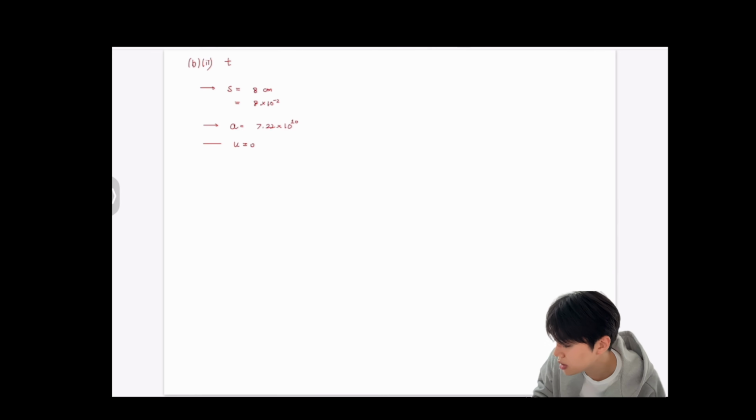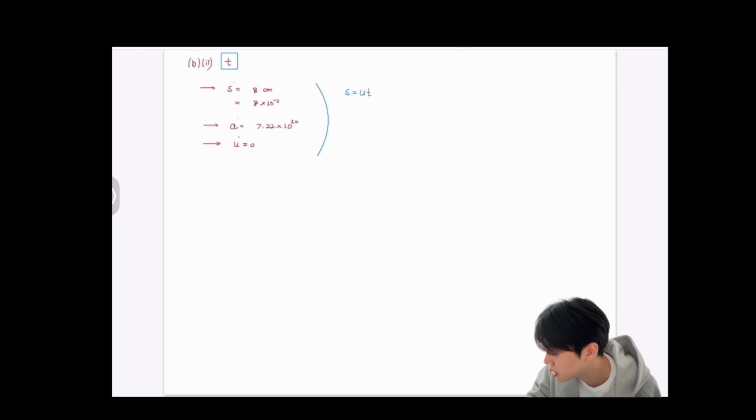So if I rearrange this, to calculate the time t, maybe I can use the kinematic equation, the SUVAT equation. Using the SUVAT equation, I have information s, a, u, and t. Then I think about s equals ut plus half at squared.